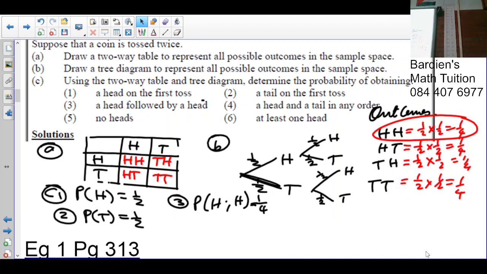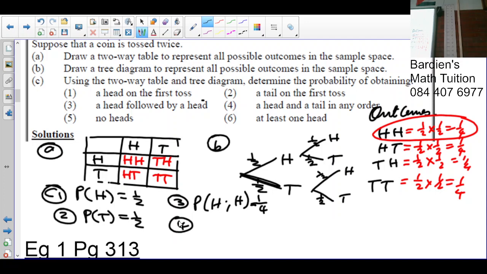Okay. Let's look at number 4. It says a heads and a tails in any order. Heads and tails in any order, which means to say you can get heads first, then tails, or tails first, then heads.